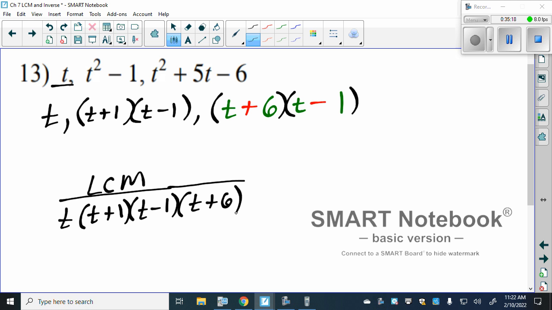Because we look at this least common multiple, well, the t does satisfy this here. Having a t plus 1 satisfies this one here, and that's it. The t minus 1 does satisfy both of these here. And the t plus 6 satisfies this here, which actually covers everything.